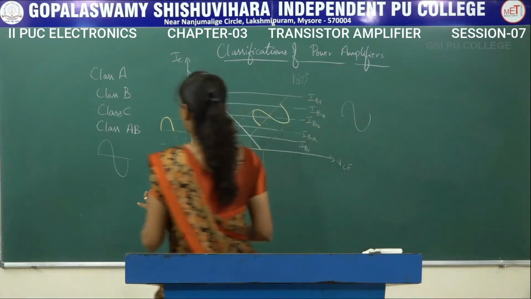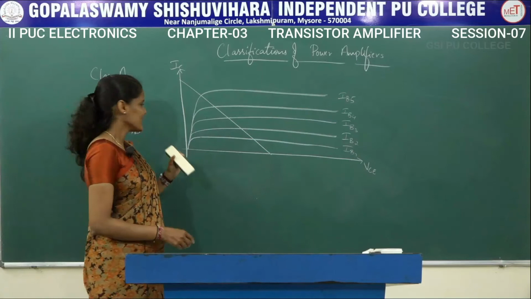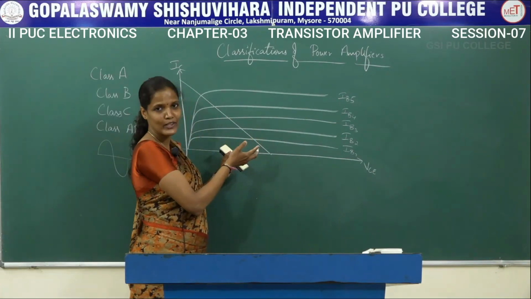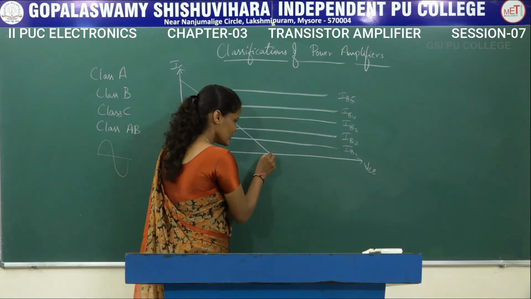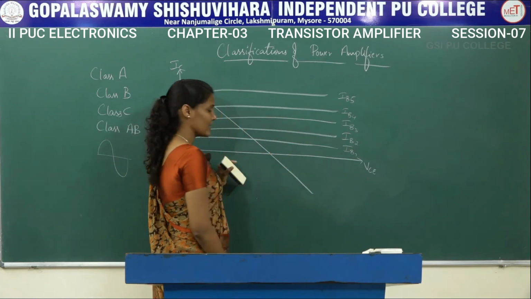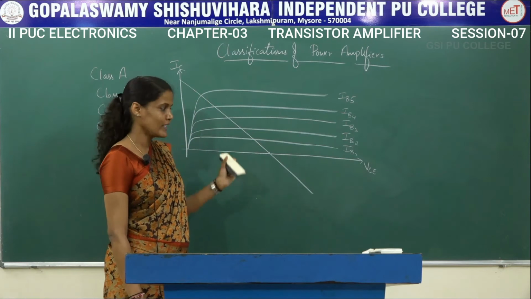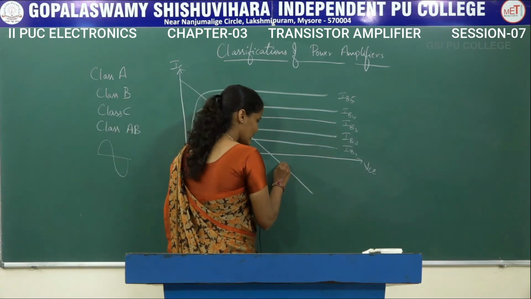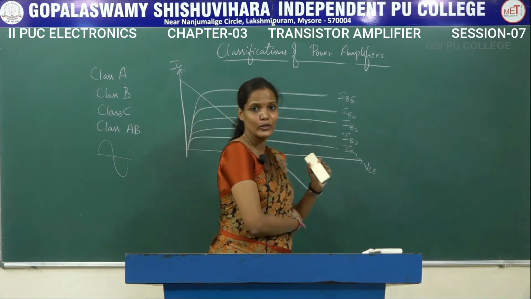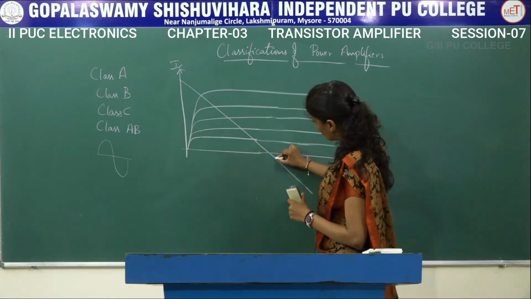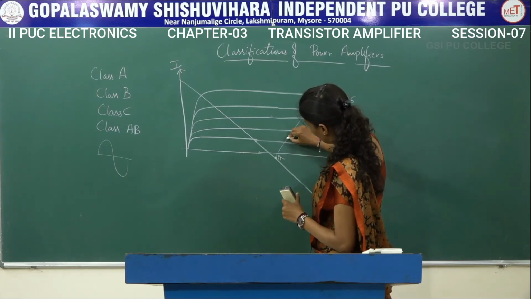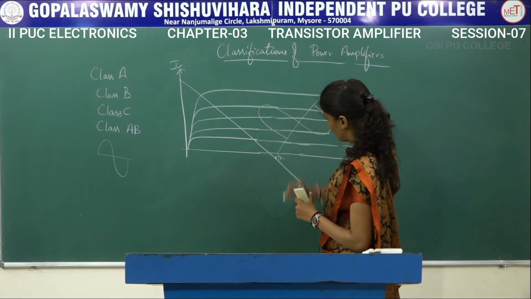The next one is the class C amplifier. In order to understand this class C type of power amplifier, we are already having the output characteristics of a transistor. In this class C type of amplifier, we are going to select a Q point below the x-axis. So this is the x-axis, but the Q point will be located below the x-axis. Now, to give the input signal, let me draw the curve like this, input signal.